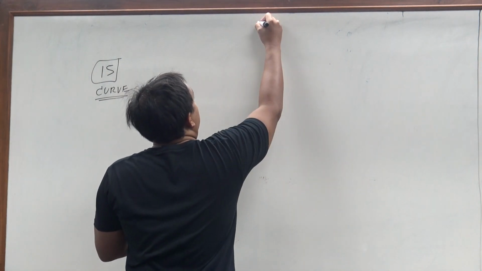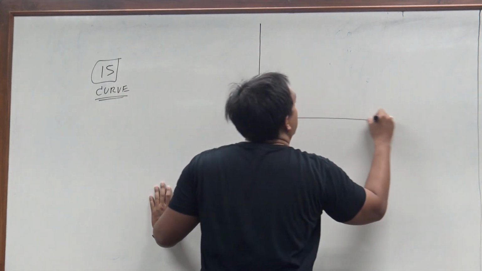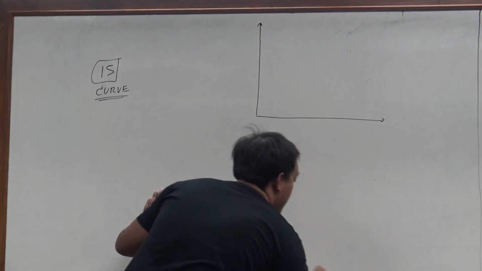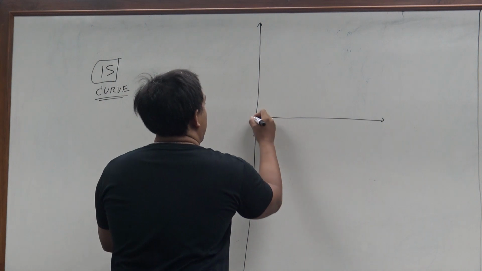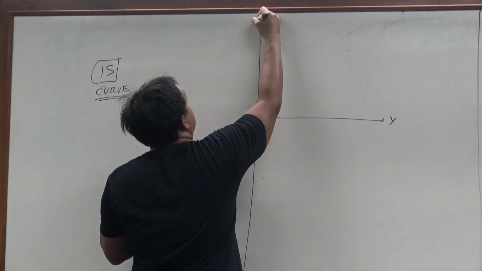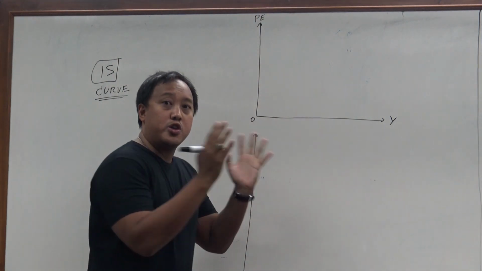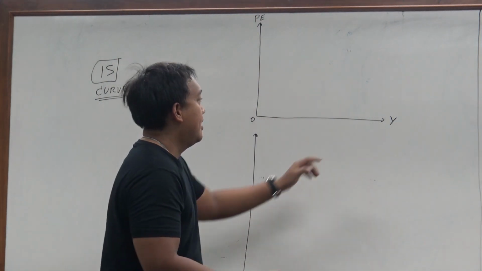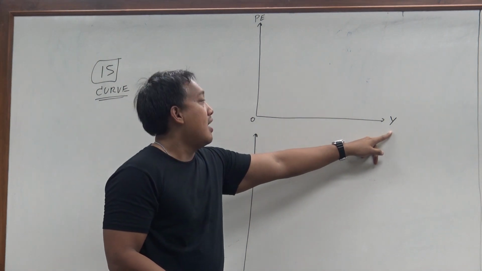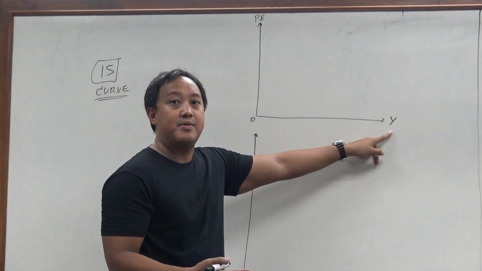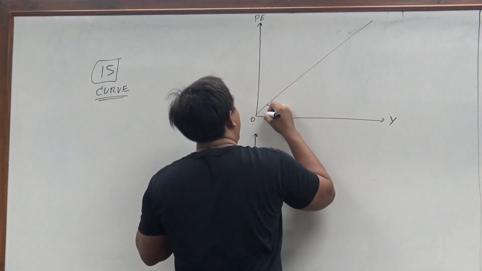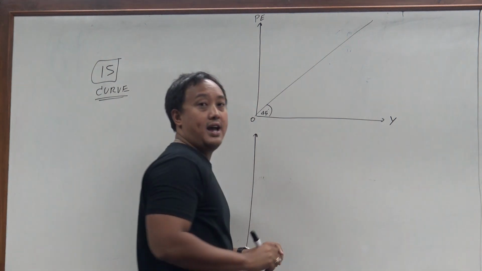On the top, we have planned expenditure, the total expenditure in the economy, and Y, the level of output and income. Then we have the 45-degree line.